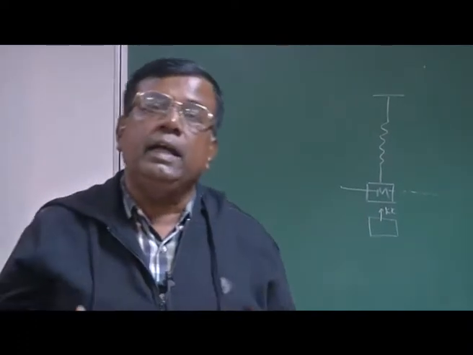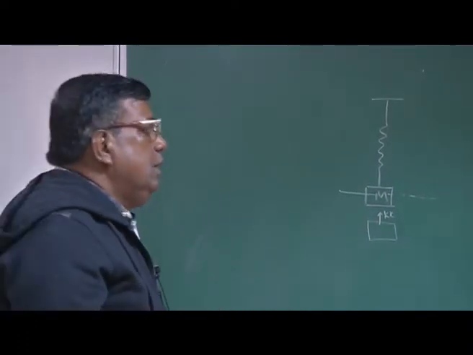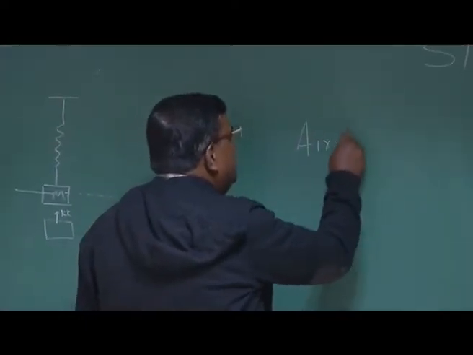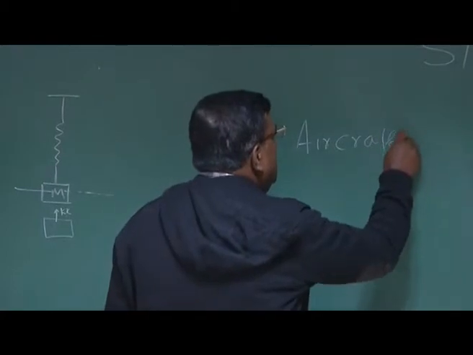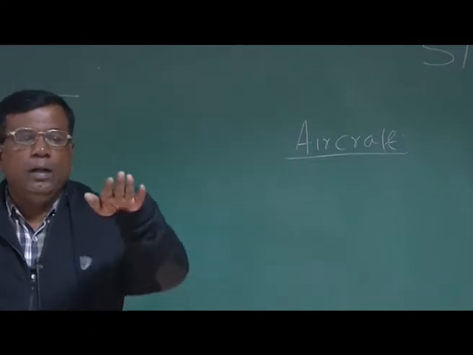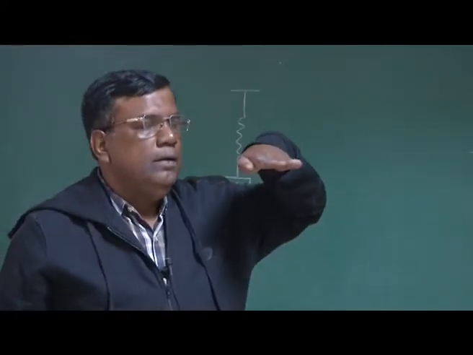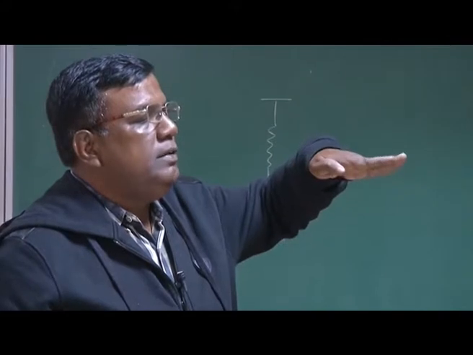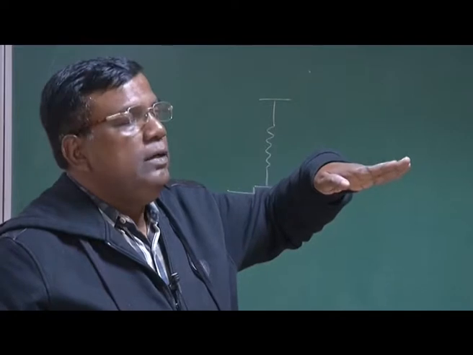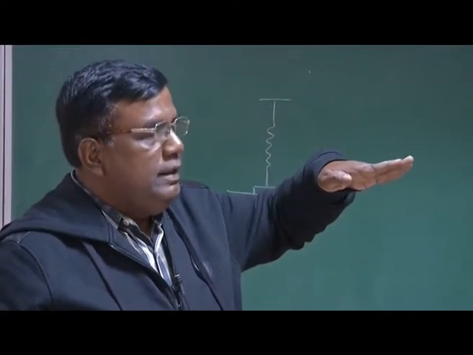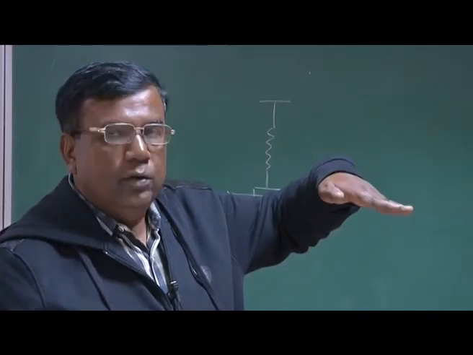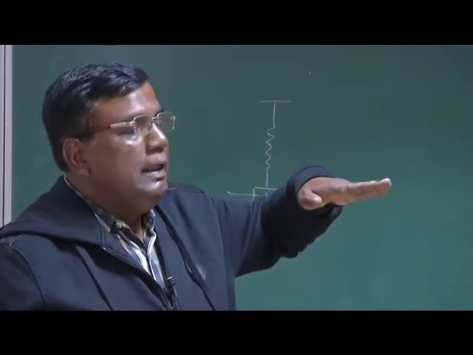Now, let us come back to the aircraft. For the time being, let us concentrate on the angular stability. Suppose the airplane is going like this, and there is a disturbance which tries to take the attitude up. It will be statically stable if it has an initial tendency to come back to the equilibrium.